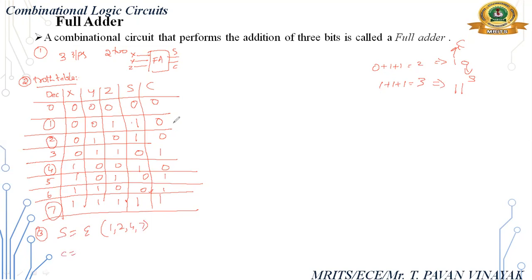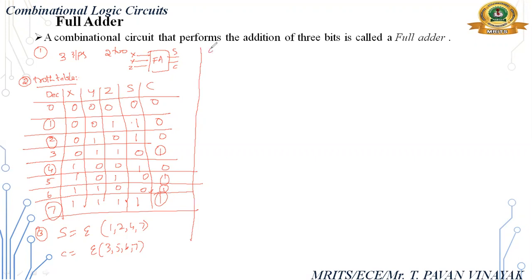Carry is sigma 3, 5, 6, 7. Next, what is the first step? Minimization. Minimization of expressions. So calculate for S.